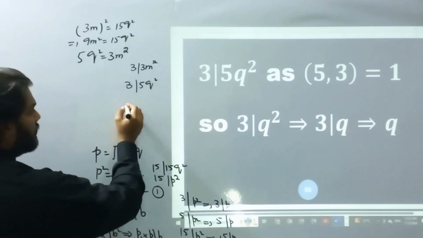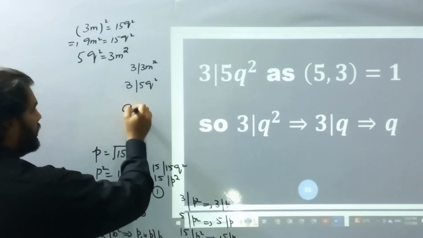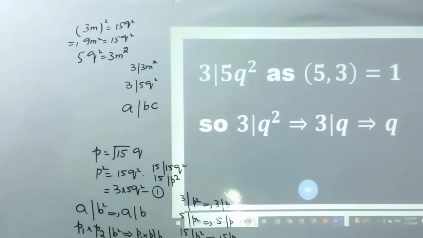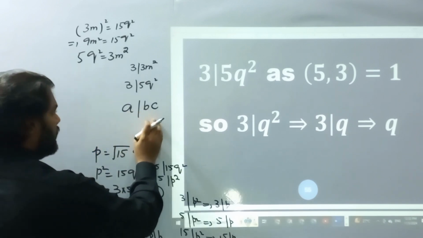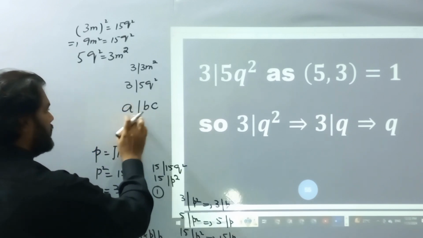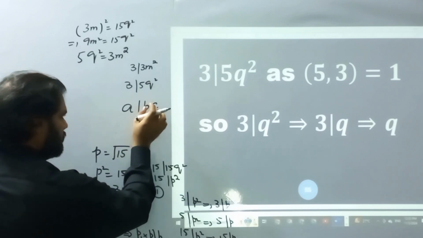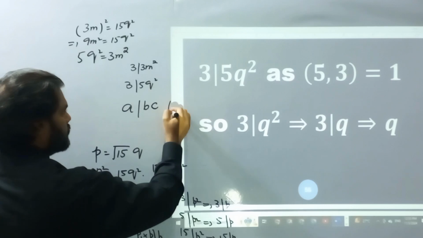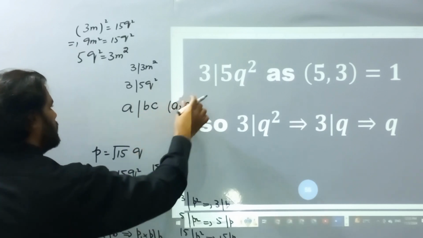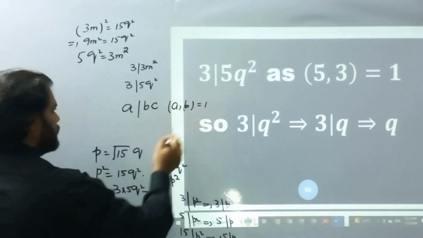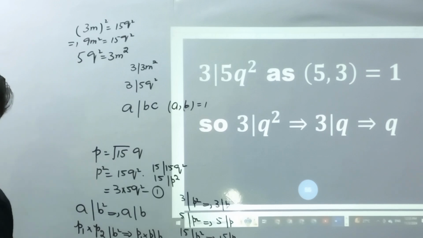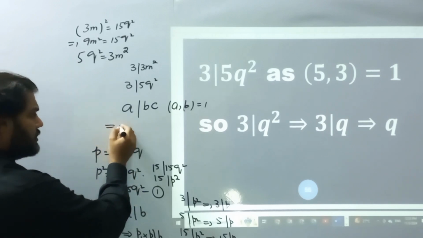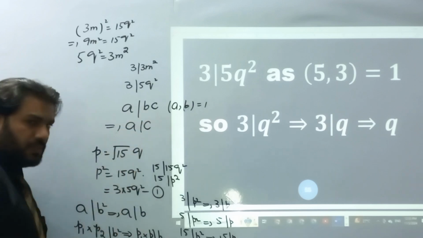The result says that if A divides the product BC, where A, B, C are positive integers, and the GCD of A and B is 1, that is, A and B are relatively prime, then this implies A will divide the third number C.